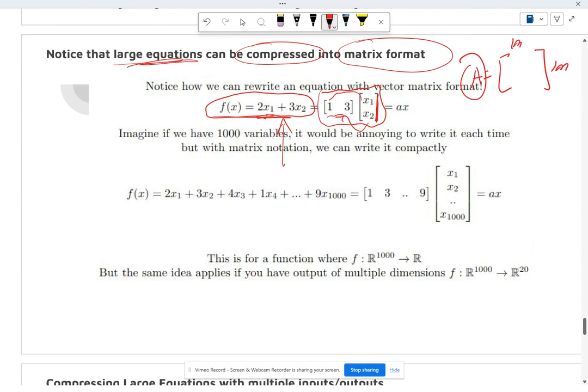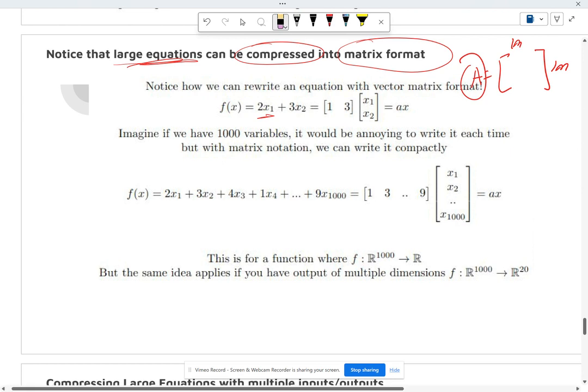Oh, I made another mistake. This is supposed to be 2 here. Anyways, you got the point that this and this are actually equivalent. And you can represent this horizontal vector by just calling it A. Or you can call it A transpose if you want to think of it as a vector. And X.